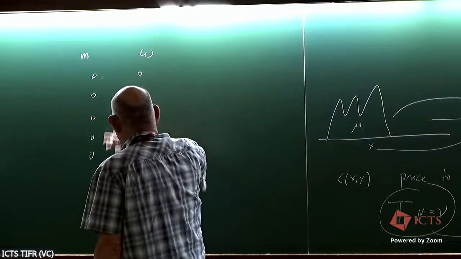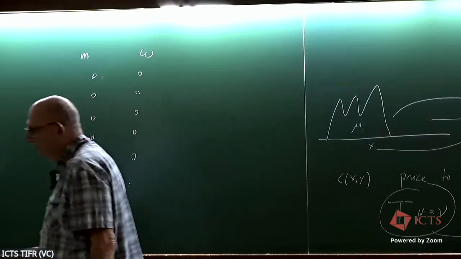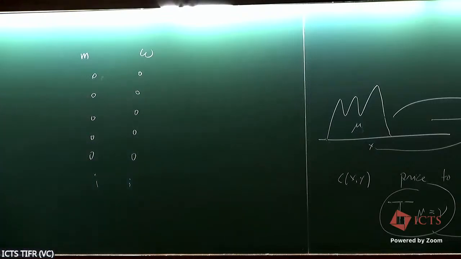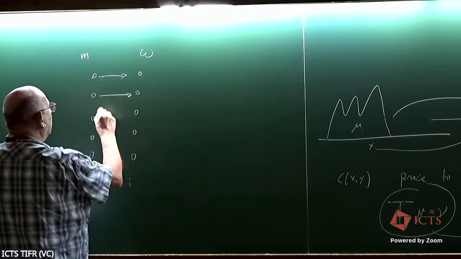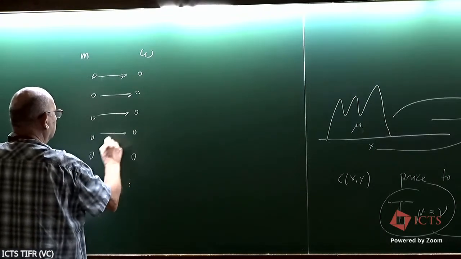The marriage assignment will be called stable if there is no so-called blocking pair. What is a blocking pair? Suppose we have this matching, man 1 to woman 1, man 2 to woman 2, and so on.